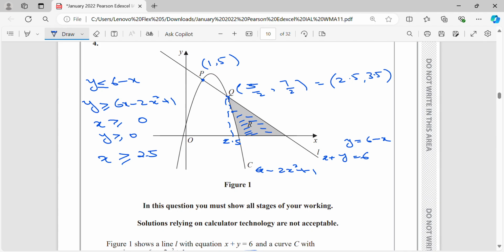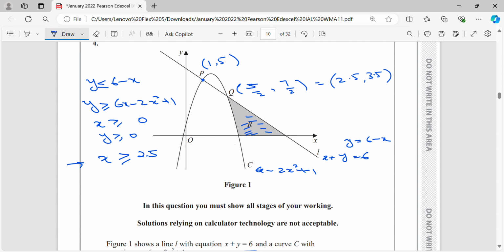So if you take x greater than or equal to 1, it won't include it anyway, because we look at the common shaded region. Or you can write it for y as well.